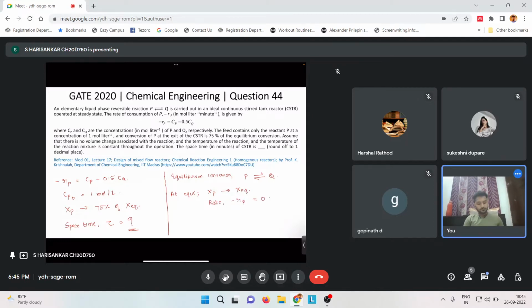So we have a rate equation here, Cp minus 0.5 Cq, and this will be 0 at equilibrium.